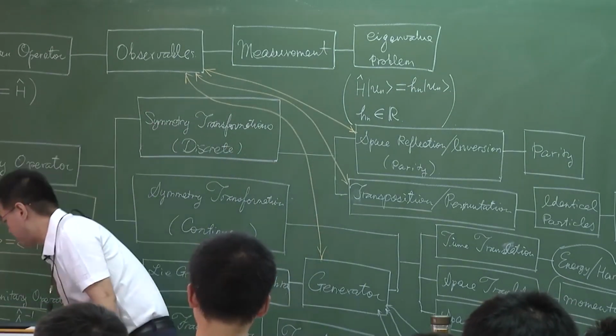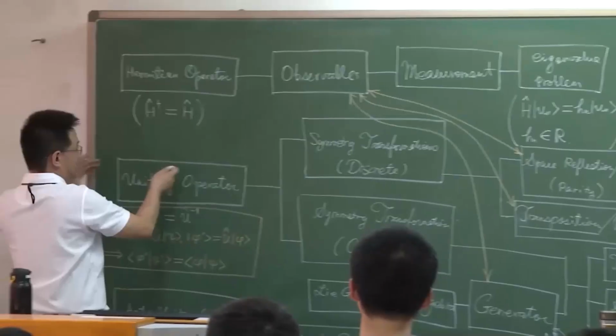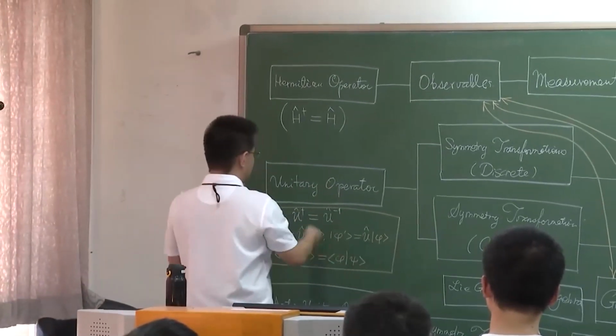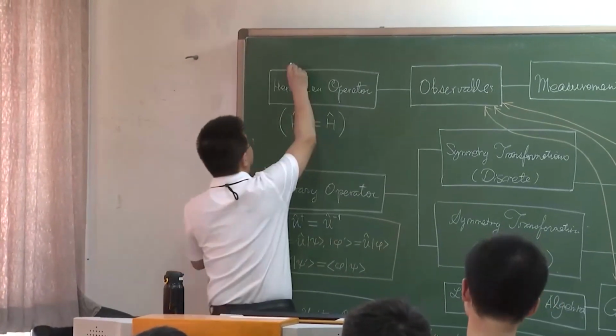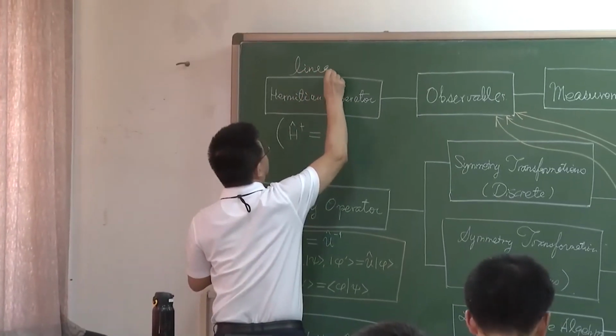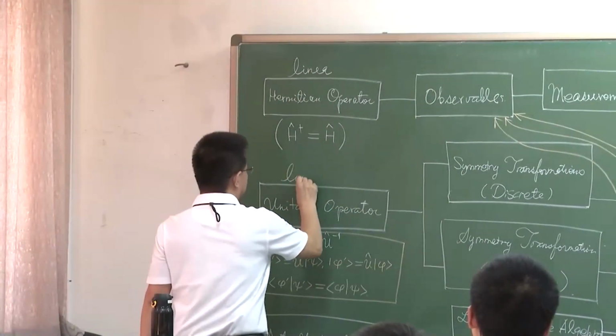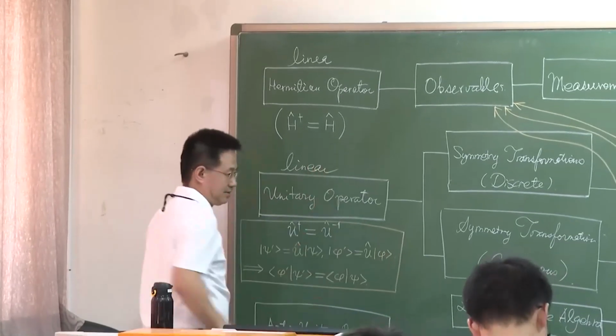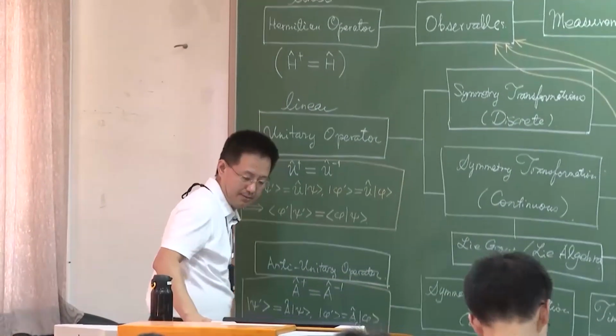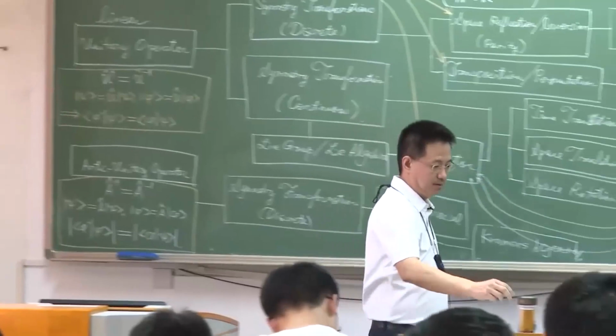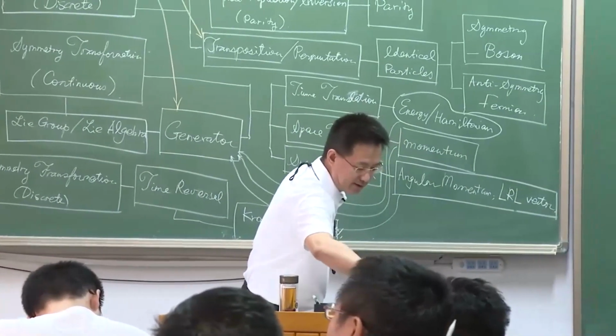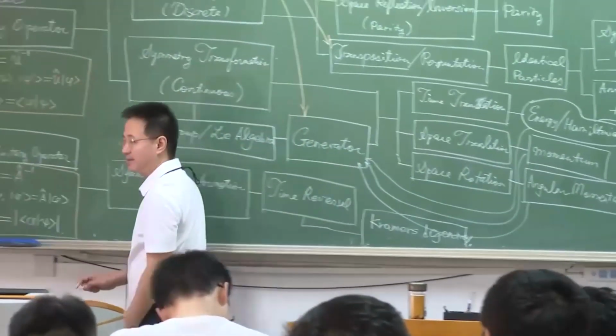The Hermitian operator has a common point with the unitary operator because they are both linear operators, but the anti-unitary transformation is not linear.